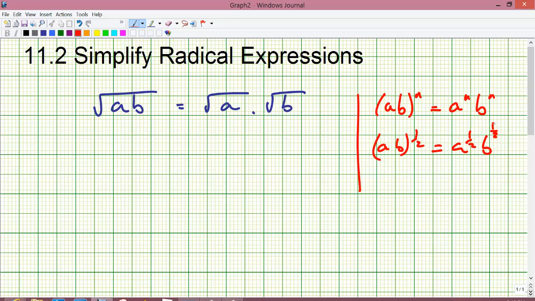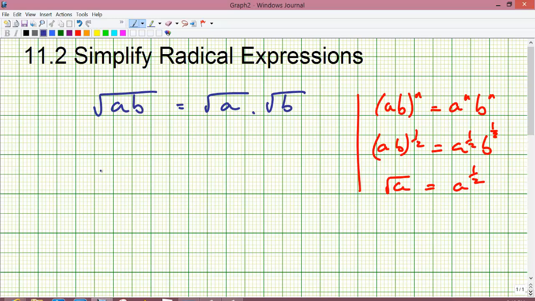And then all we need to understand now is that the square root of a is also known as a to the power 1/2. They are the same thing. So this leads us directly to this product property of radicals. And we can use this property to simplify radical expressions.